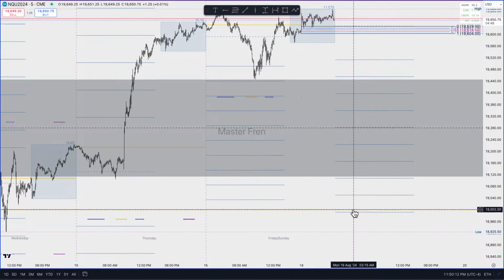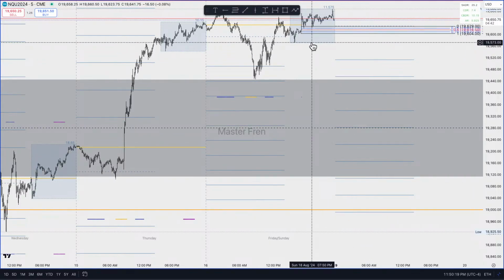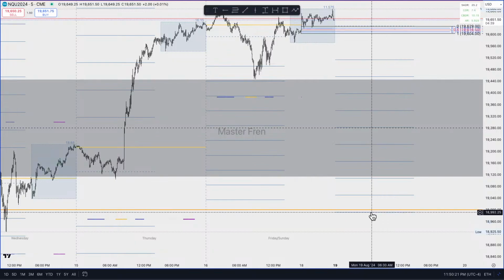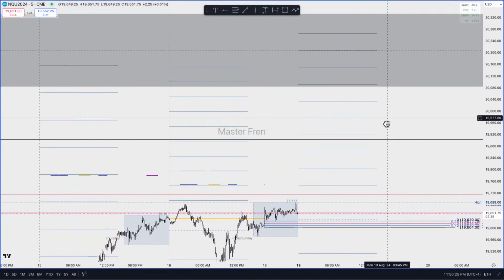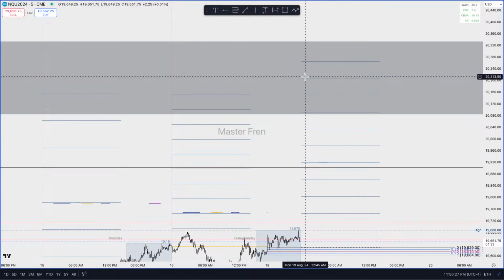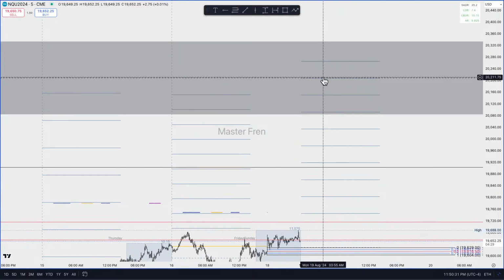So those two levels right there, the reclaimed order block and that fifth deviation of the float tonight, could be the low of the week. Now, if I was to do it to the upside, oh my goodness. Well, the fair value gap above the market happens to be the 4.5 deviation of the float. This could be the top of the week.